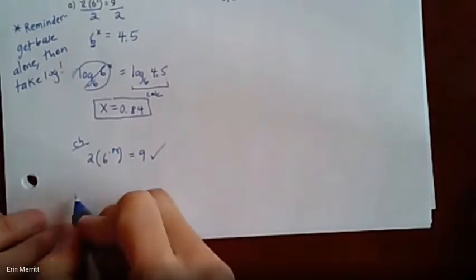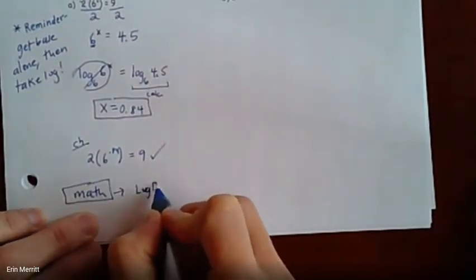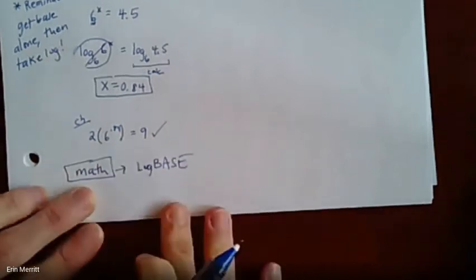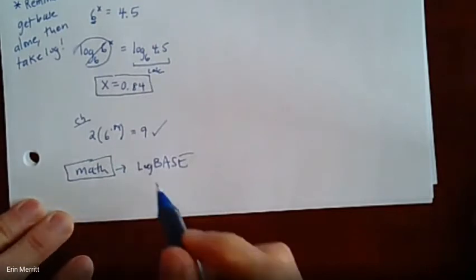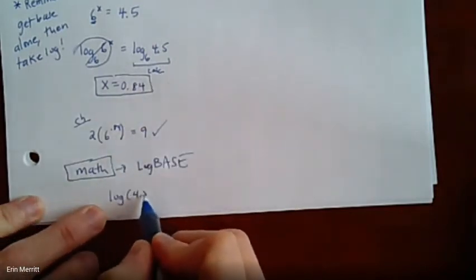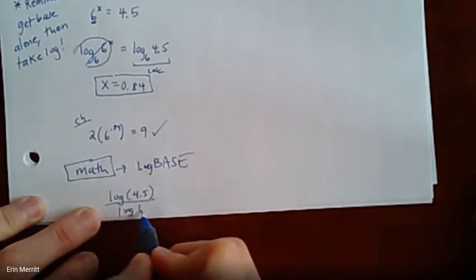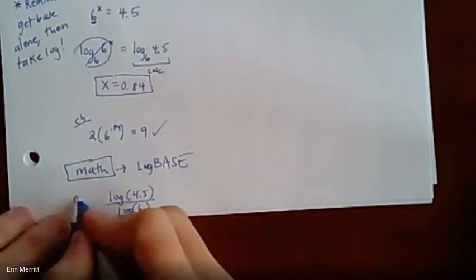So as a reminder, under math, there is the log base button. If you don't have that button, then that same exact answer could be attained by doing log of 4.5 and then divided by log of 6. All right? That's the change of base formula.